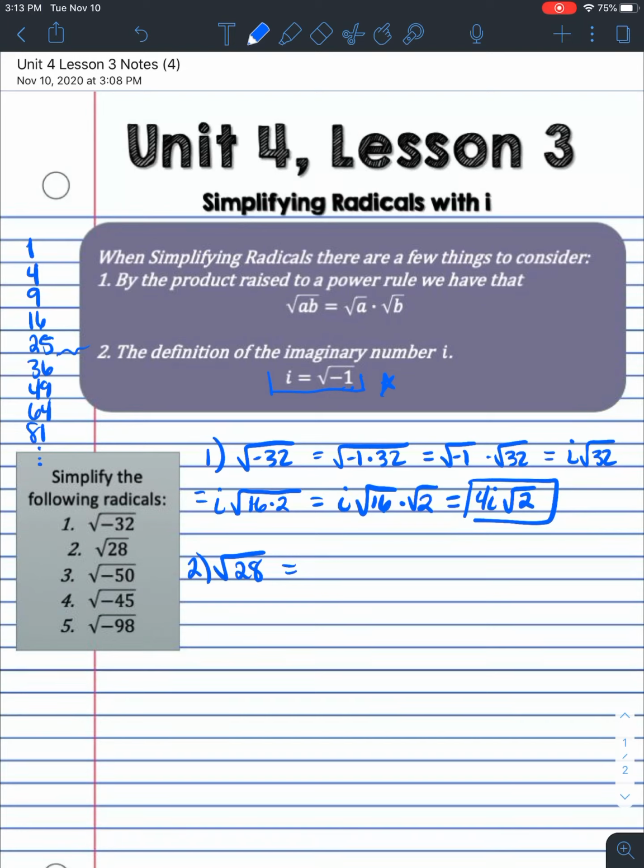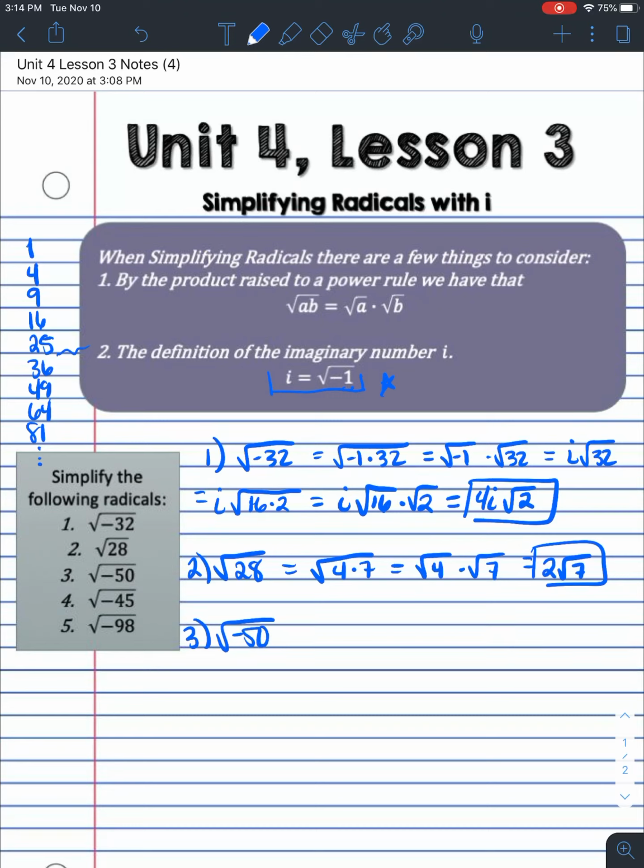Okay, sorry. 9 does not go into 28, but 4 does go into 28, and it goes into 28 7 times. So I can rewrite this as 4 times 7, which would be the square root of 4 times the square root of 7. The square root of 4 is 2, and the square root of 7 is not going to simplify nicely. It's going to be a decimal. 7 is prime. It doesn't simplify anymore, so that's it. We don't have an i here because 28 is not negative, it's positive.